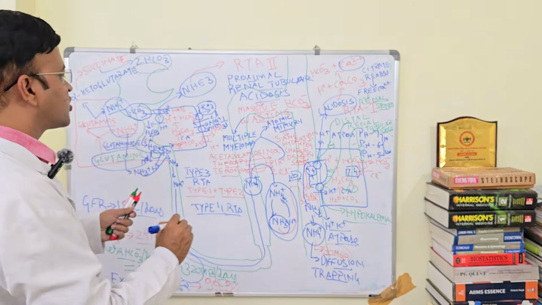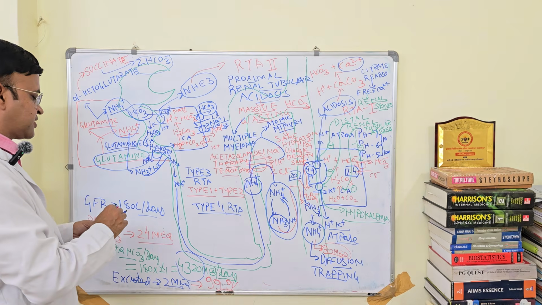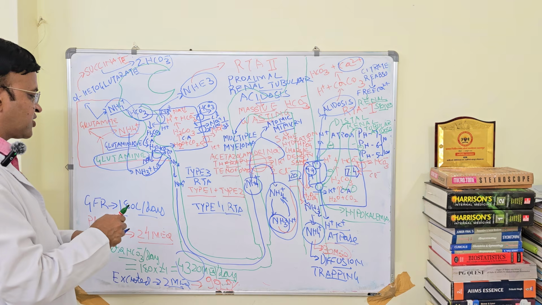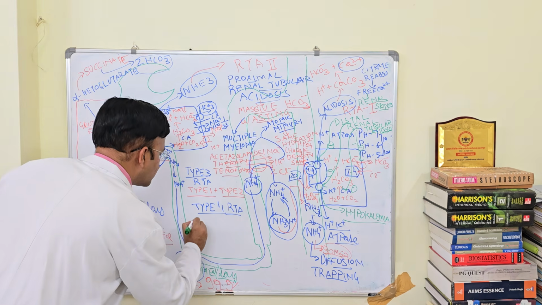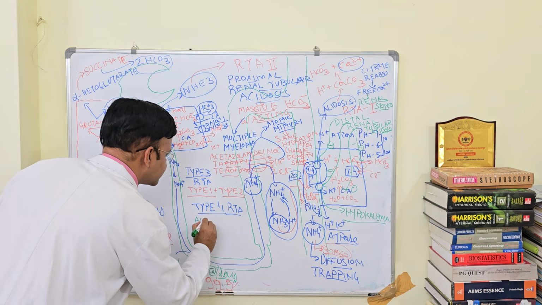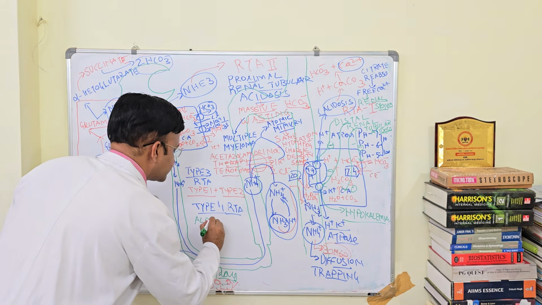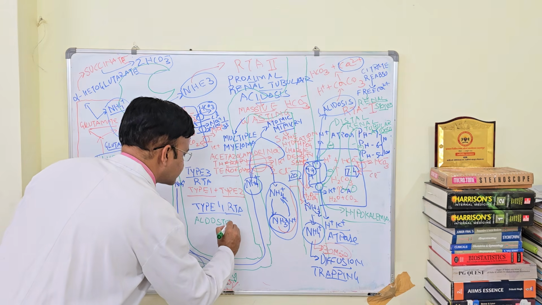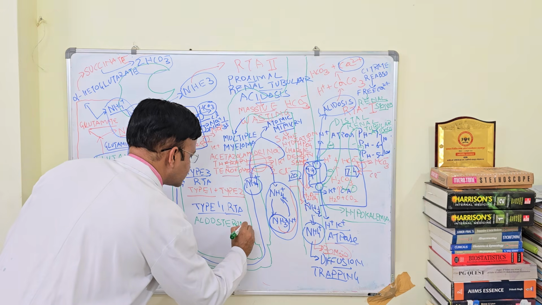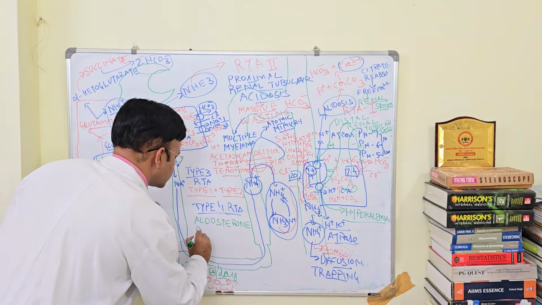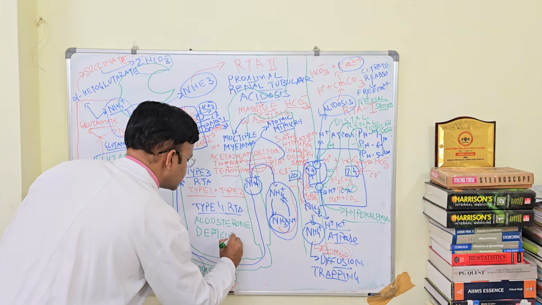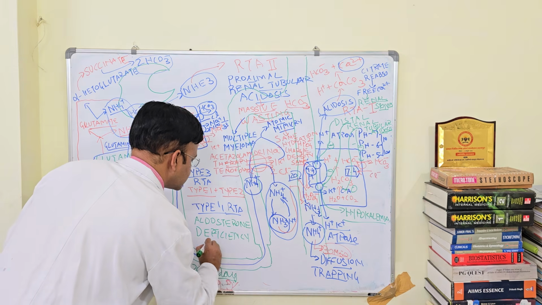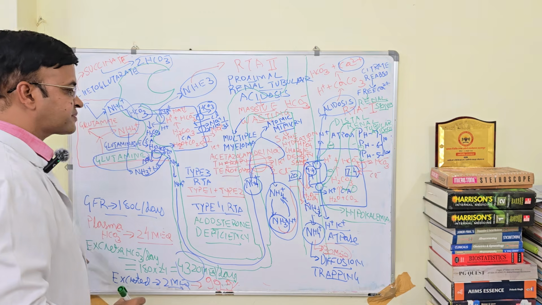Now, what goes wrong in type 4 renal tubular acidosis? Type 4 renal tubular acidosis is characterized by aldosterone deficiency. The aldosterone becomes deficient, right? Okay.